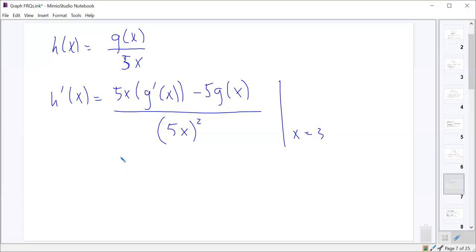So that ought to be 15. We'll find g prime of 3 in a second. And that becomes 15 squared, 225? And we need g prime of 3 and we need g of 3.